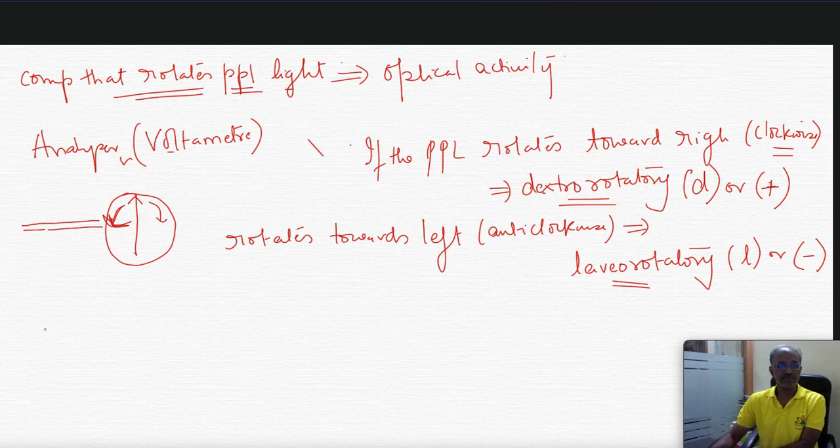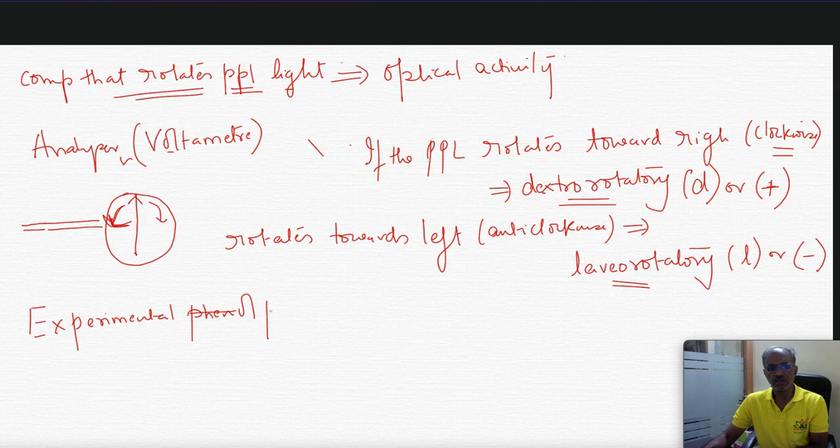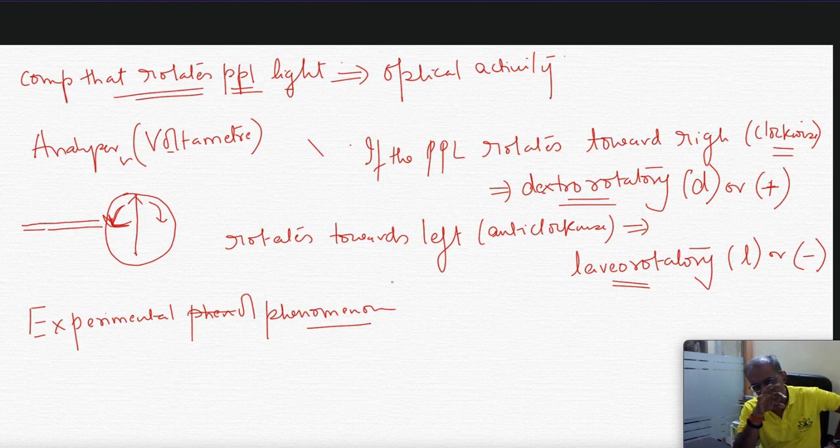And now, this is nothing else but purely an experimental phenomenon. Experimental phenomenon means only experimentally can we find out whether the compound is a d isomer or an l isomer, depending upon the rotation of the plane polarized light.